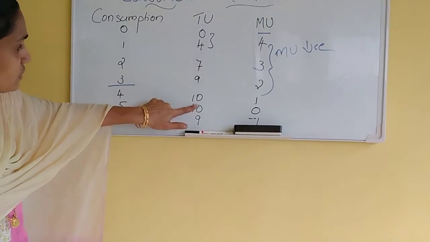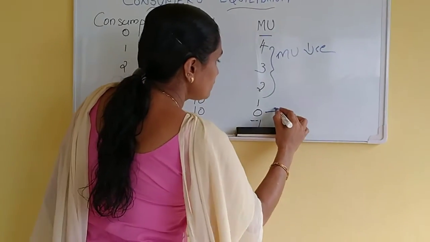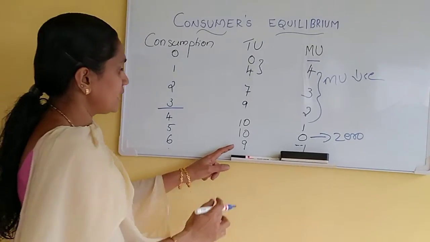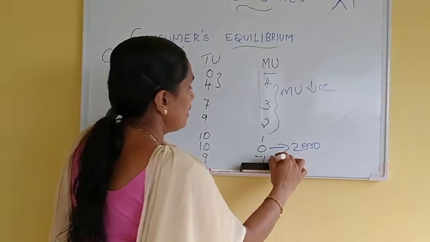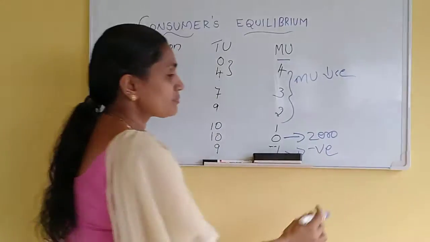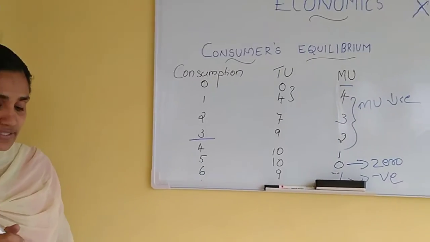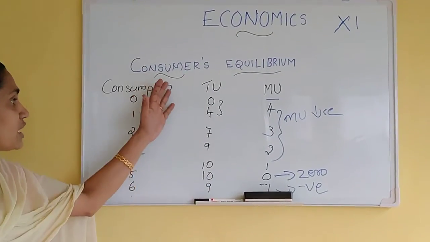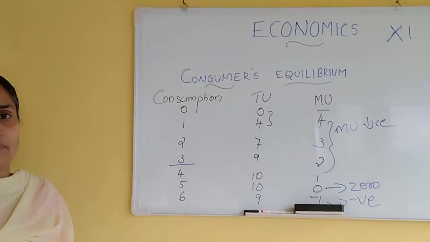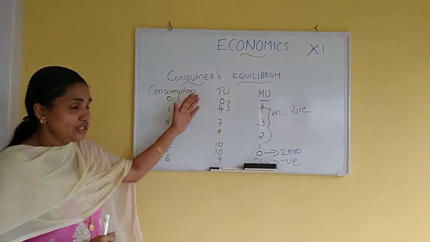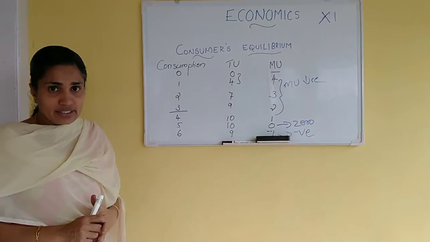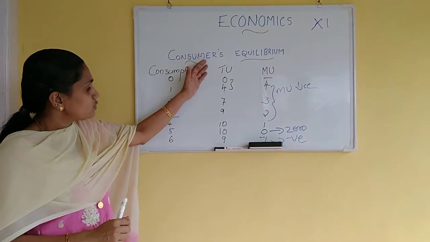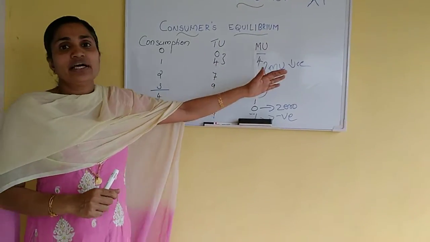When TU is constant or the same, MU is 0. That is the second level. And in the third stage, when TU starts to fall, MU becomes negative. These are the three phases we can see in the concepts of utility, TU and MU. When TU increases, MU decreases. When TU becomes equal, MU is 0. When TU starts falling, MU is negative.